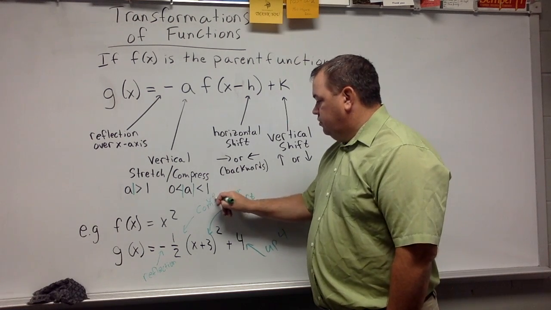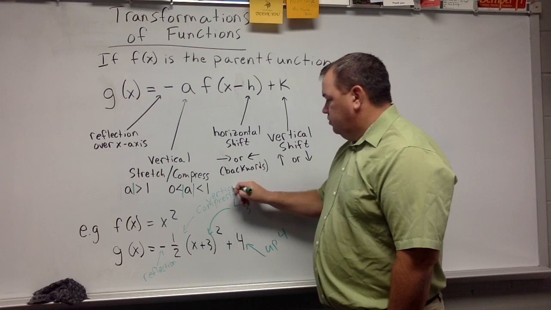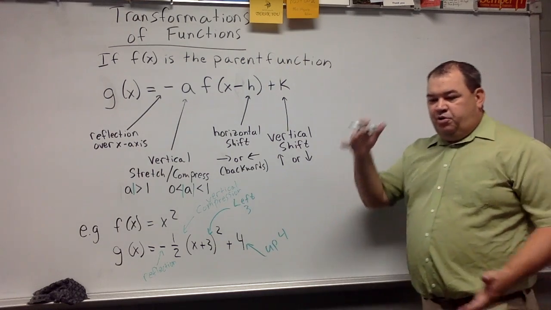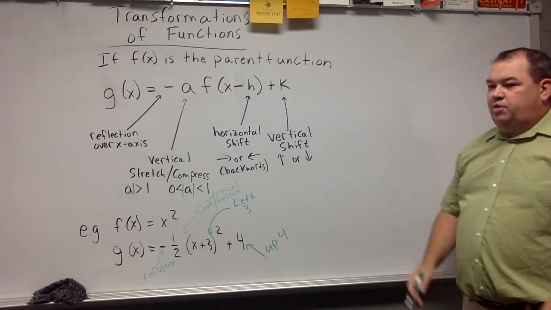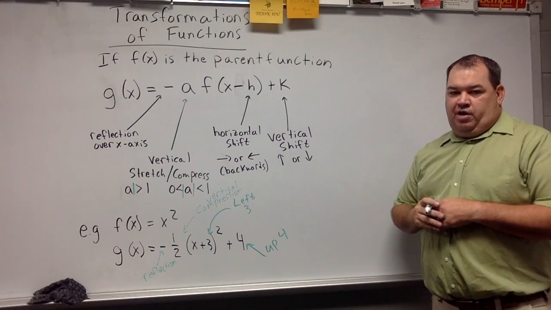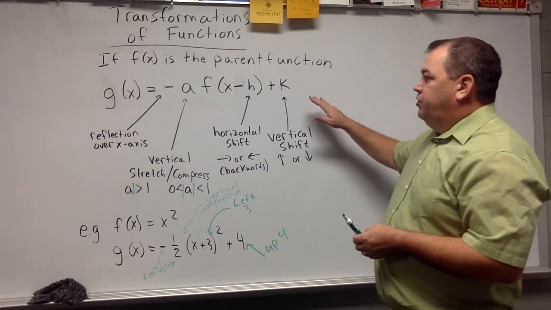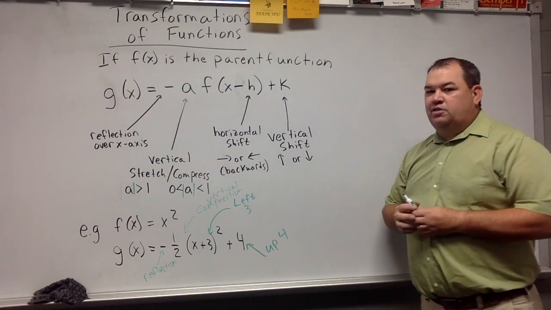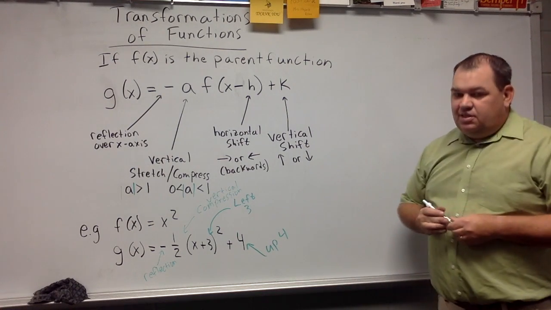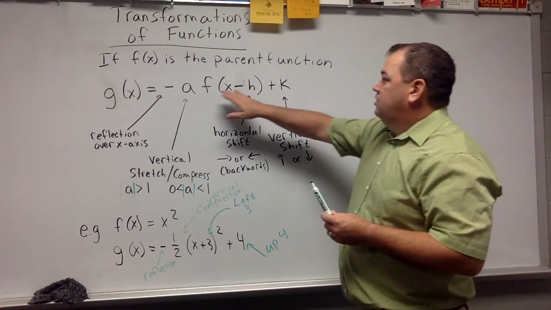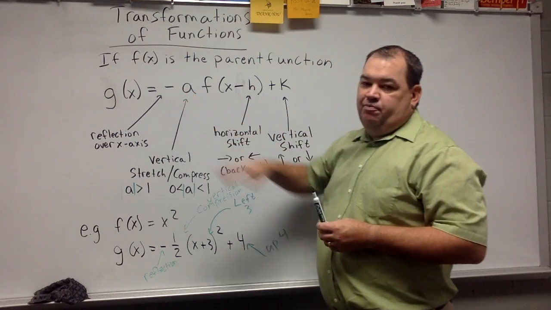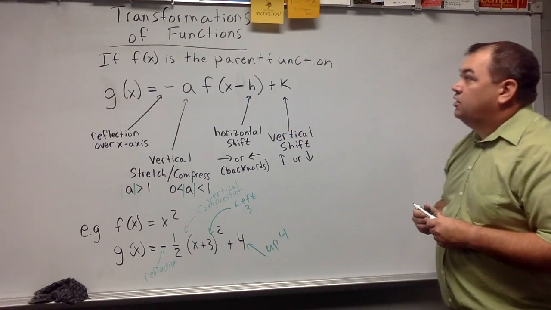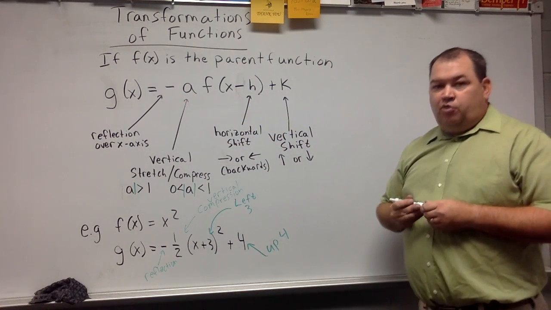A vertical compression. So this thing has been squished. So if it's a nice U-shaped, it might be a fatter U now. Again, these things work with any function, any type of function, any parent, absolute values, quadratics, cubics, lines, they all work. These things affect them all the same. So that's the last thing we're going to talk about as far as transforming our function.